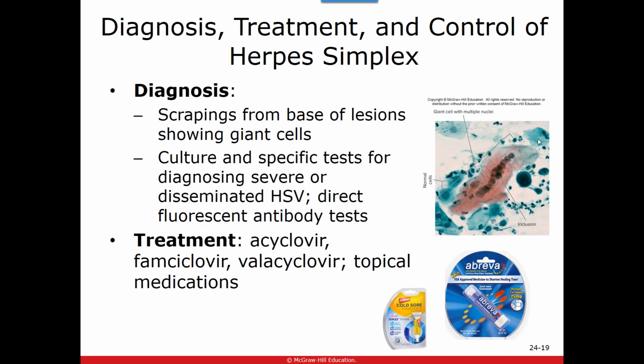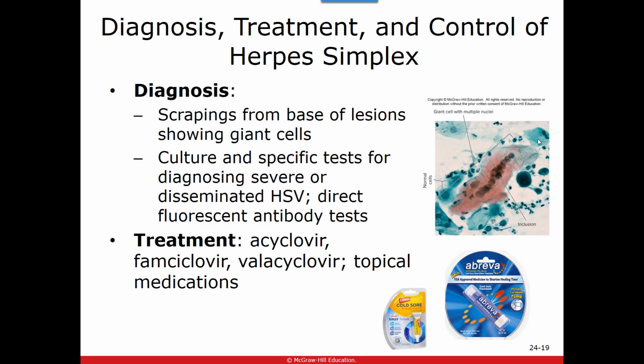The idea for the antivirals is to try to make those lesions go away. They unfortunately do not get rid of the virus itself. They're just trying to make that virus go back to being dormant, because those active infections are what's spreading the virus, and we don't want it to spread.